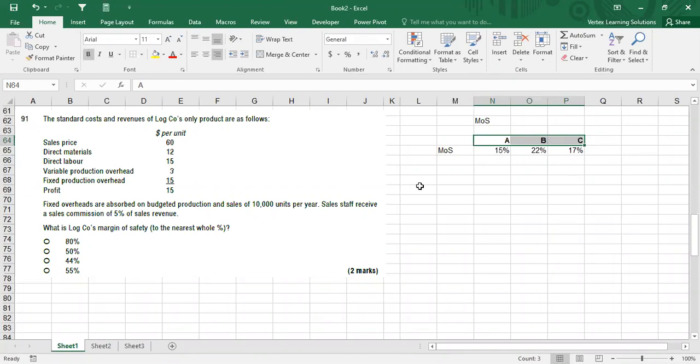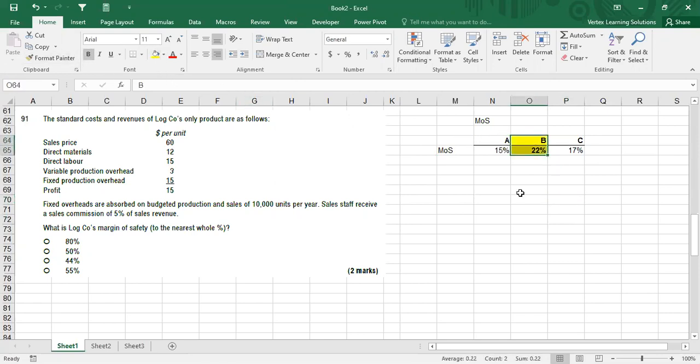Who can tell me? I know how to calculate, it is very easy. But I just want to make sure that you guys understand the philosophy behind margin of safety. Why do we calculate it? So we will select product B, that has the maximum. You would put up product B. Why? Your answer is, sir, correct.